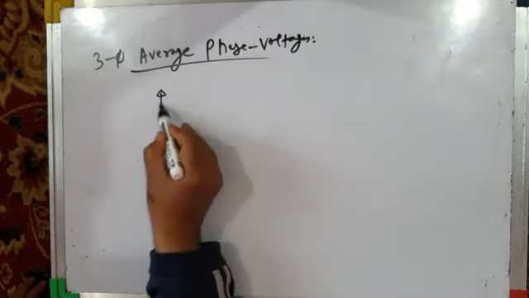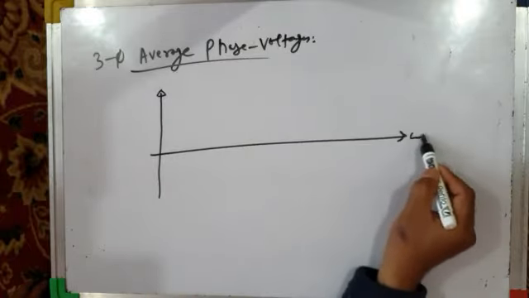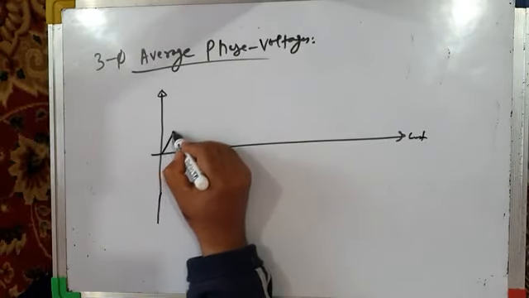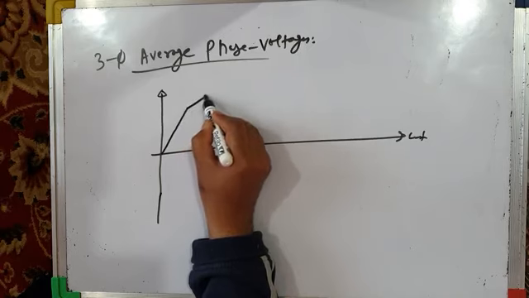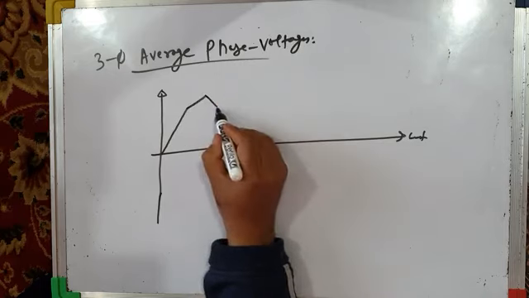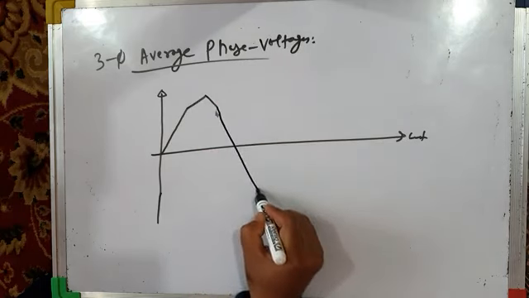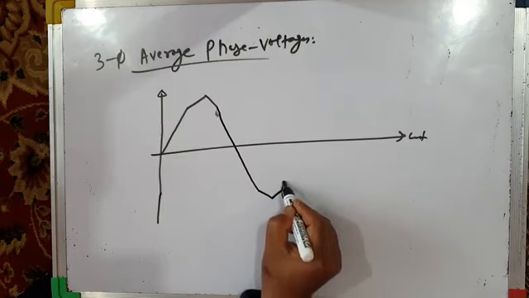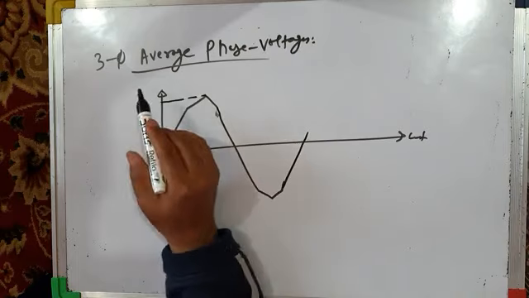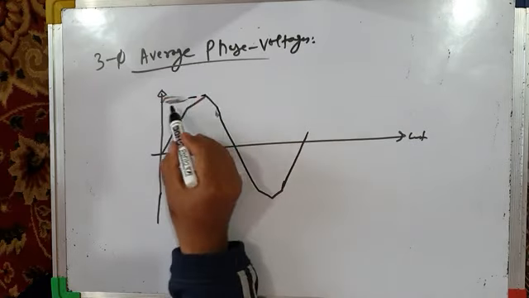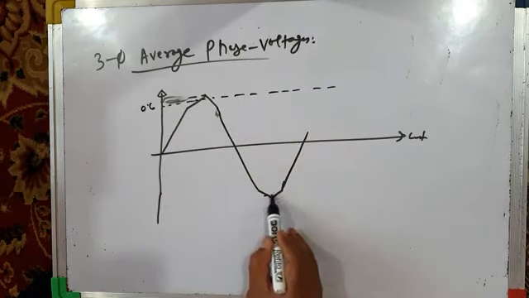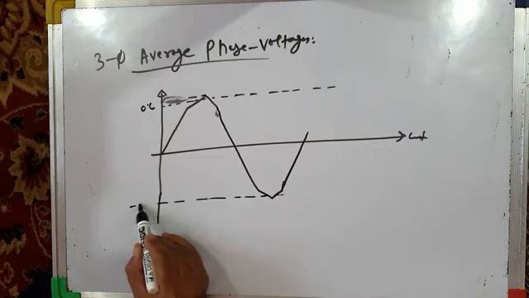So they are like this. This is 0.6 and this is minus 0.6.